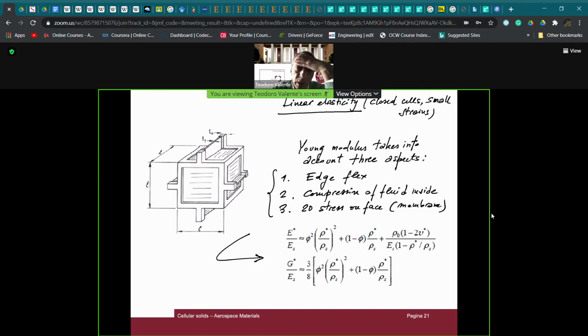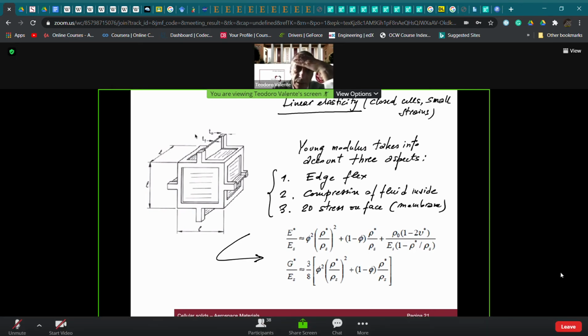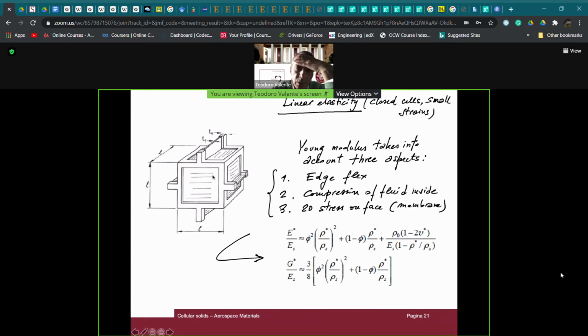I mean, we do have atmospheric pressure, so we do have a fluid. So when we compress the cells, we compress the fluid in the closed cells, which offers again resistance to deformation.